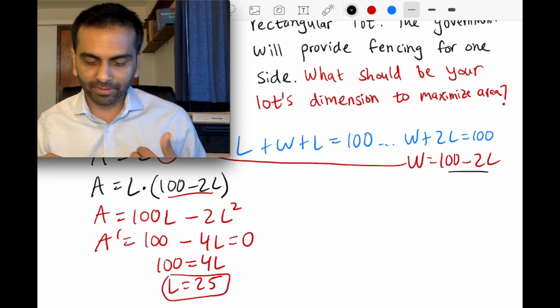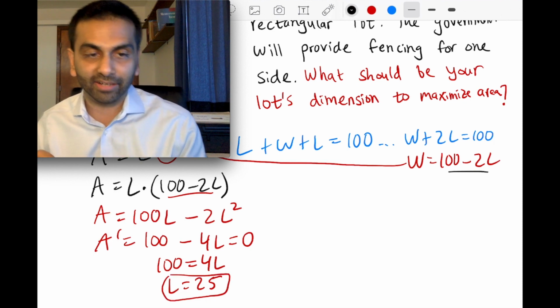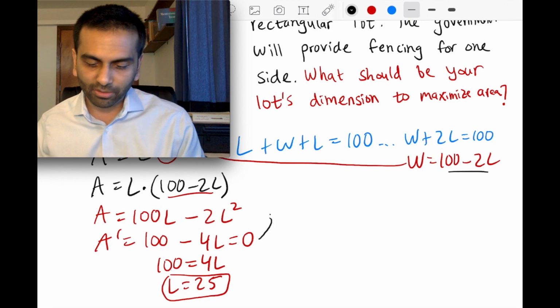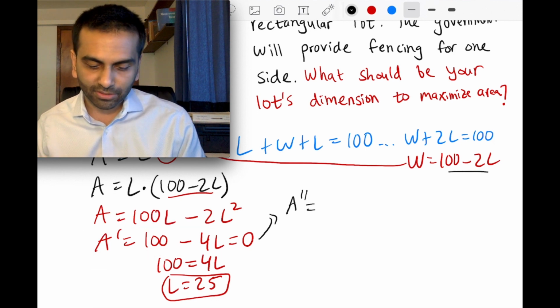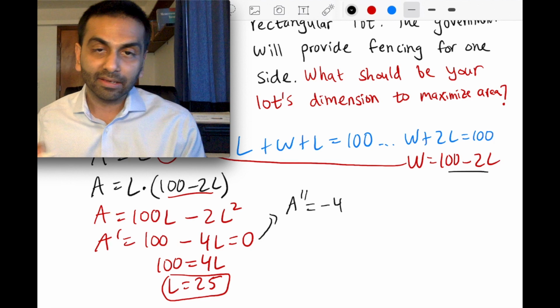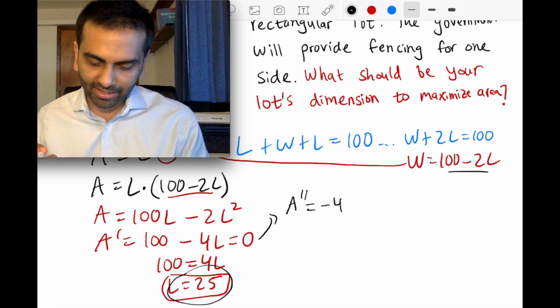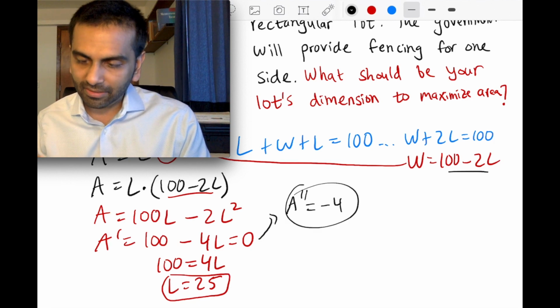And here, if you want to be safe to make sure that you're maximizing the area, not minimizing it, we could check the second order condition, the A double prime. That's the derivative of this first derivative. The derivative of 100 is 0, and the derivative of negative 4L is negative 4, so the second derivative is negative 4, which means we don't even need to bother plugging this in, because the area is always going to be concave down.